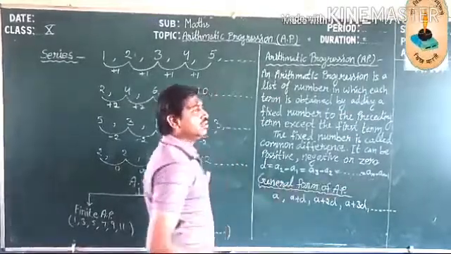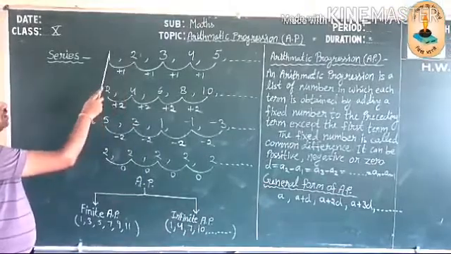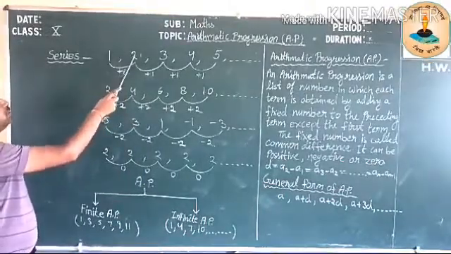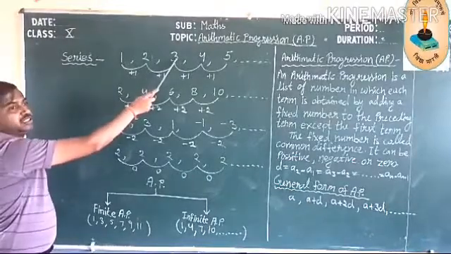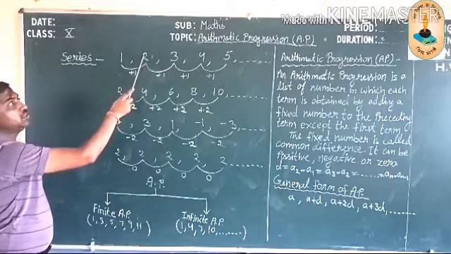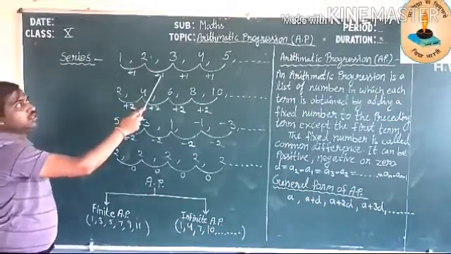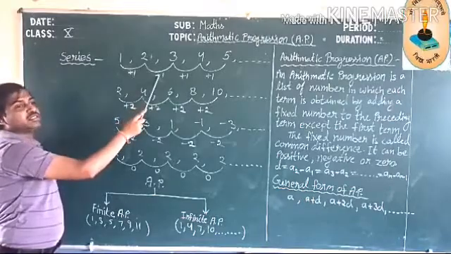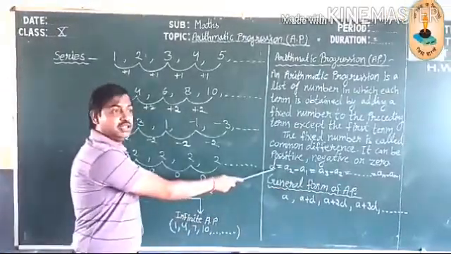Similarly, other. A2 minus A1 means 2 minus 1, 1. A3, 3. And A2, 2. A3 minus A2 means 3 minus 2, we get 1. So this 1 is the common difference, represented by the small letter d.